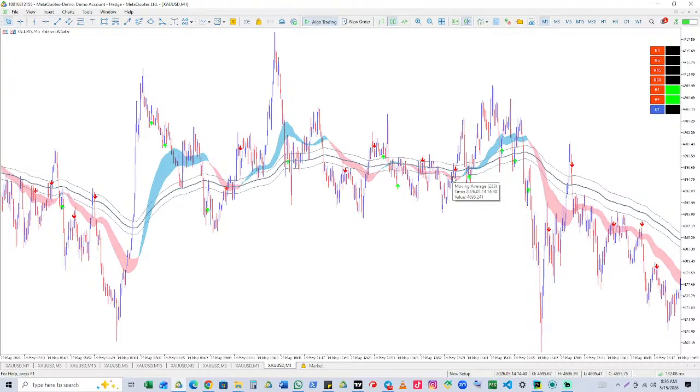The strength of the indicator is the trend. The indicator actually works based on the trend. That's basically it. So if you are using it in a corrective market or in a correction, you are not going to get the results.